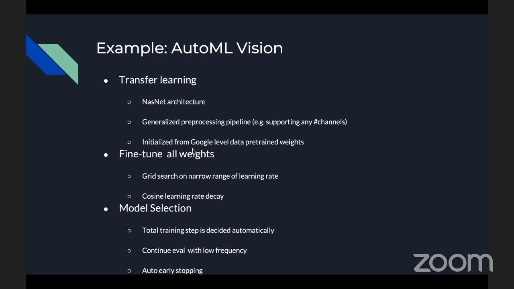So we decide for them. What we do is, based on the task size, we have a heuristic total training steps, and then we use auto early stopping to detect if it is already close to overfitting, and we just stop the job to save some money for the user.